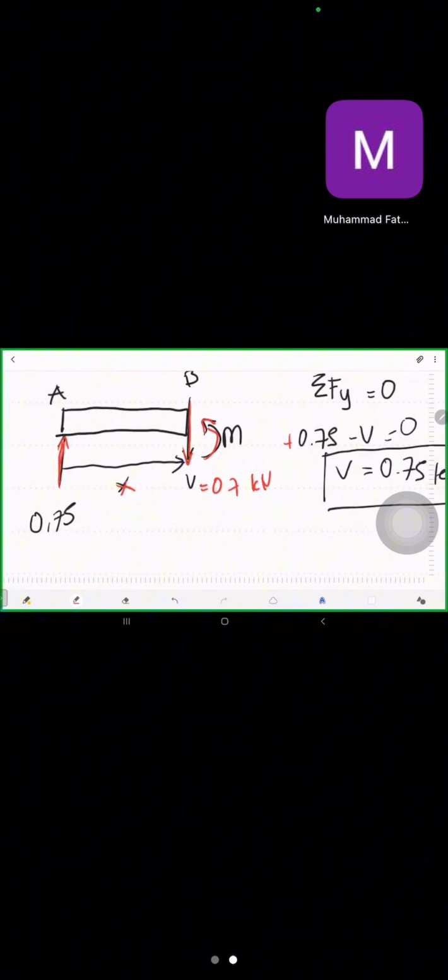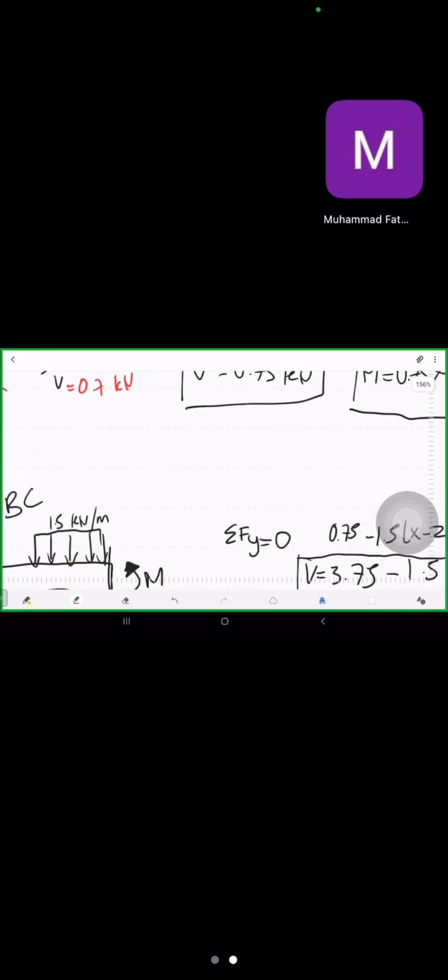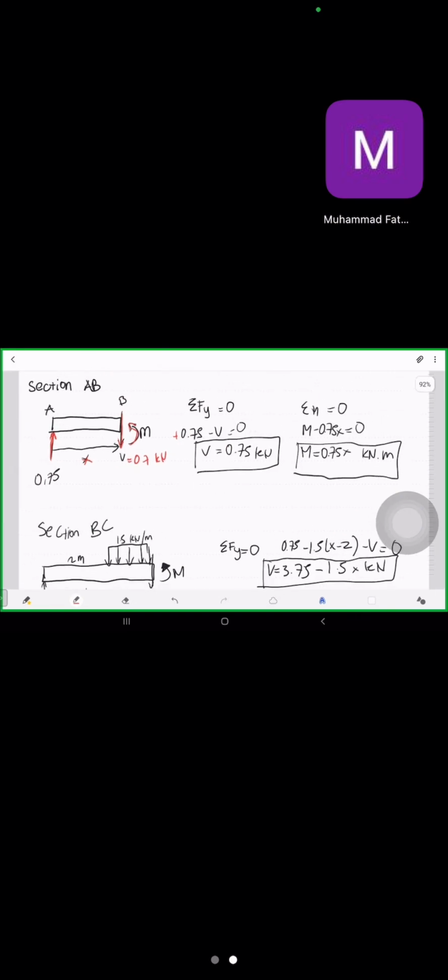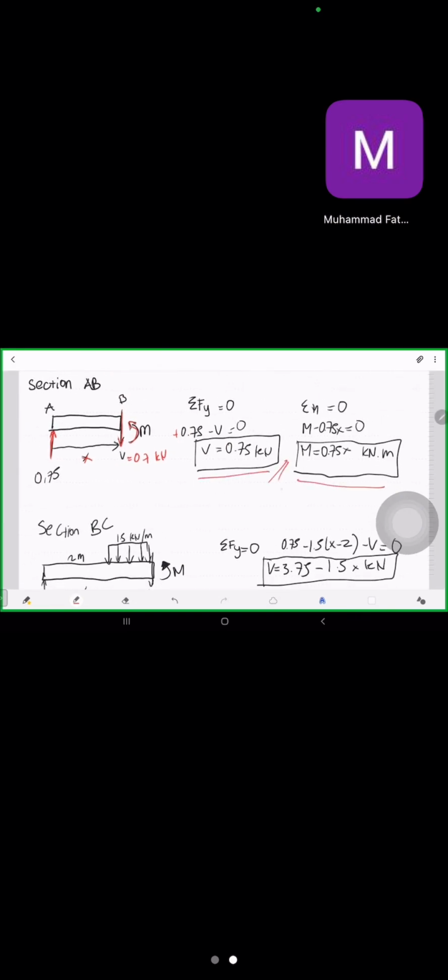So we have positive M on B, subtracted by 0.75 multiplied by X, equal to 0. So we know that the moment is 0.75 multiplied by X kilonewton meters. From there, we already have our shear force and also the moment acting on section A-B.